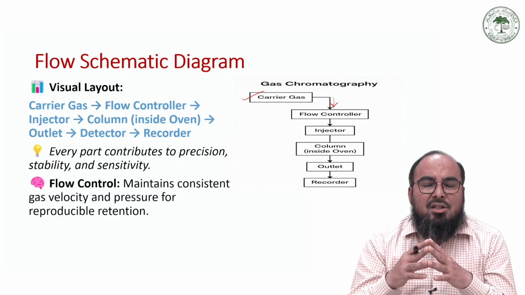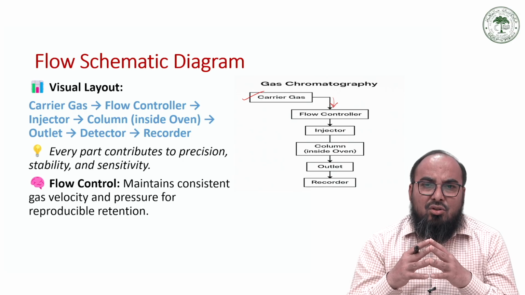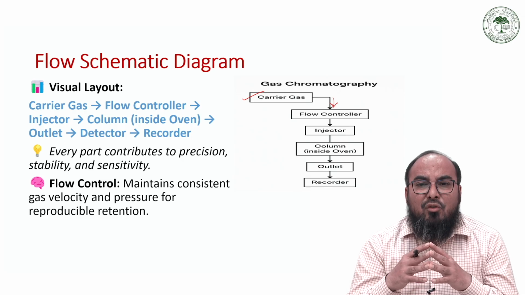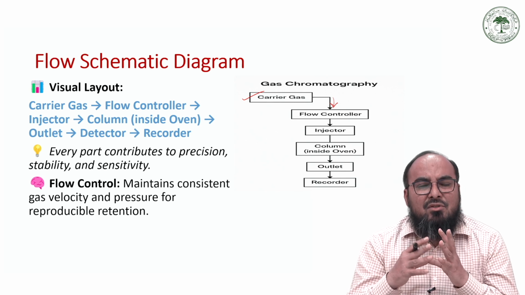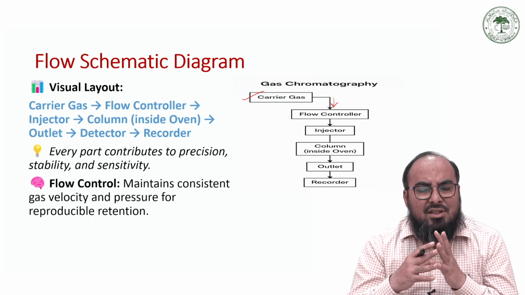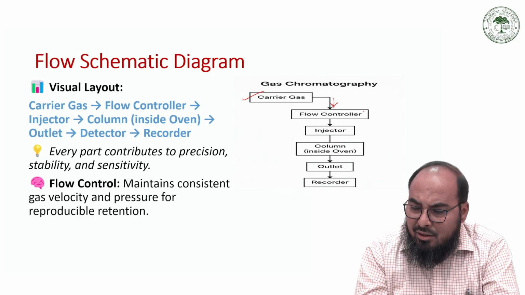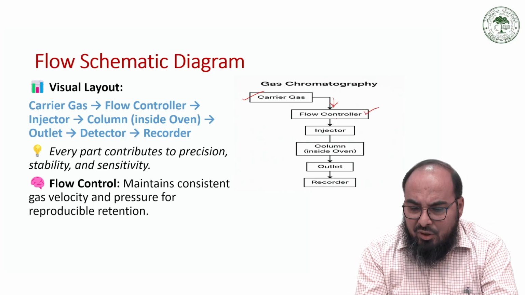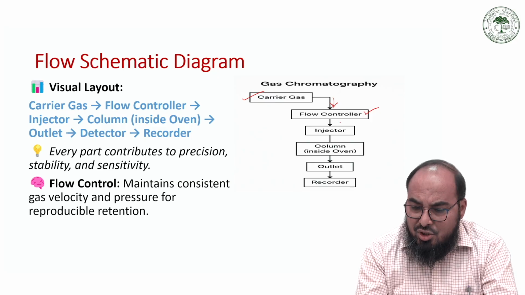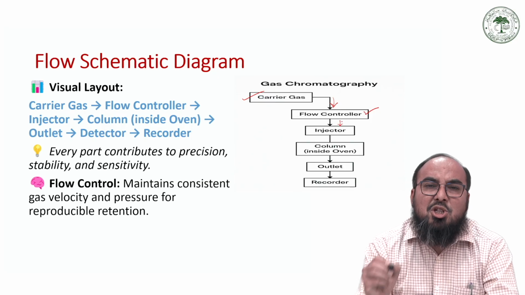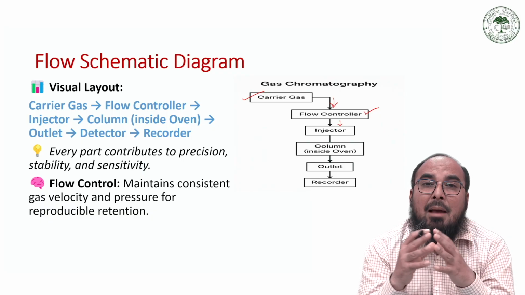And at the flow controller, we use certain substances to purify the carrier gas before mixing with the sample. Sometimes we use gauges, sometimes sieves, to filter out the impurities. Then from the flow controller, your carrier gas goes to the injection system, where it mixes with your volatile sample.